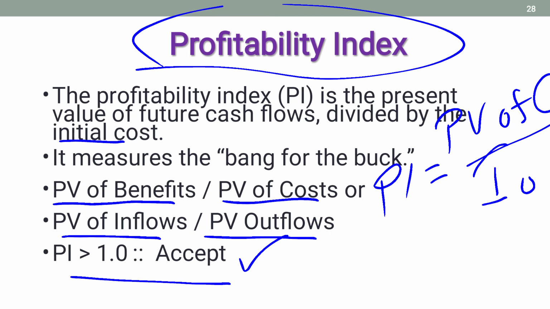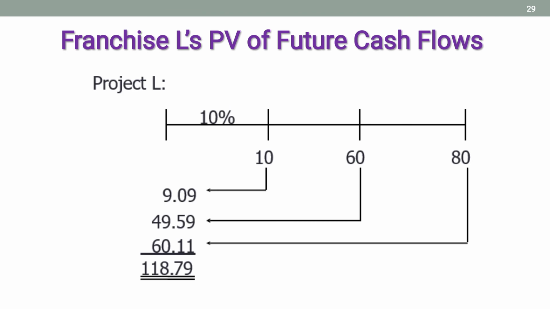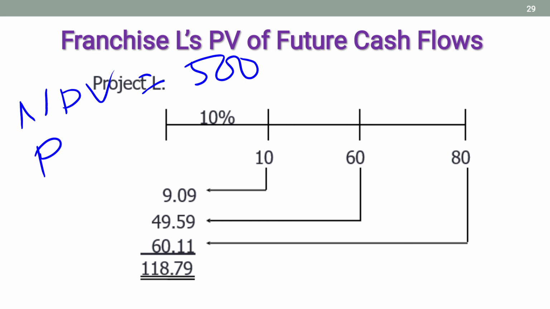Right? For an example, I'll go to another slide and I will explain. Say NPV is equal to 500. The same project, you calculate profitability index, that is equal to 1.1.